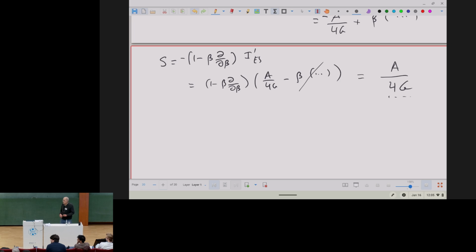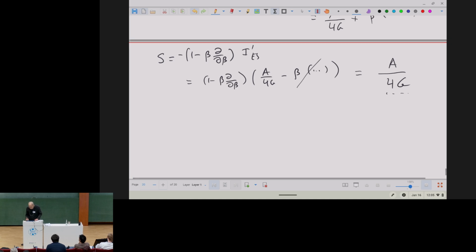Yeah, I wanted to ask what happened with the entropy from outside that was added to the generalized entropy. Well, the question is about the following. The generalized entropy is A over 4G plus S out. And here we only discussed the classical piece, not S out.